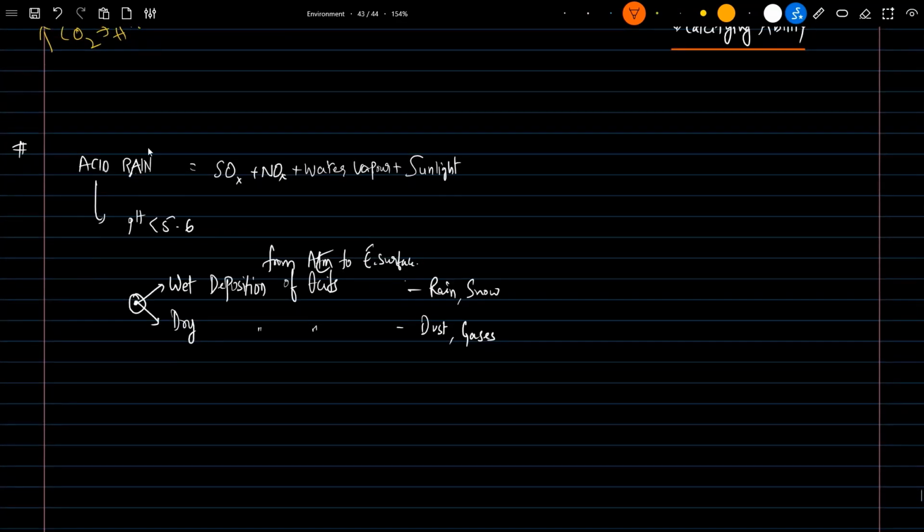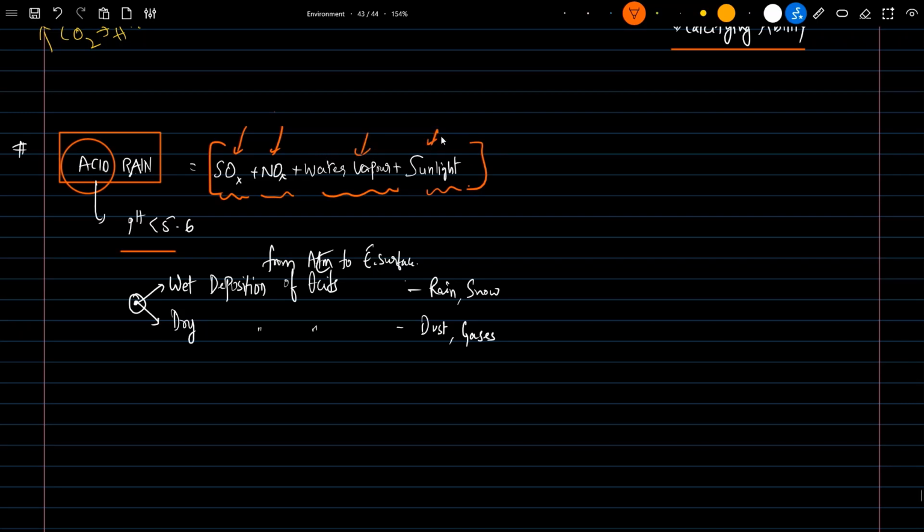Next concept is acid rain. So in acid rain, what does acid mean? Acid means the pH is less than 5.6. What are the components that it contains? It basically contains SOx plus NOx, sulfur oxides and nitrogen oxides, along with water vapor and sunlight, which leads to the formation of acid rain.